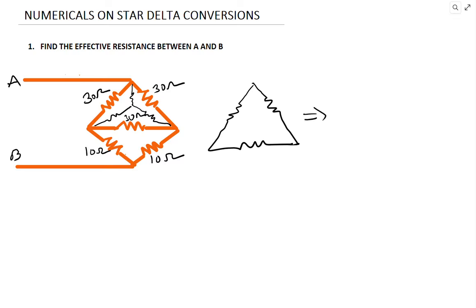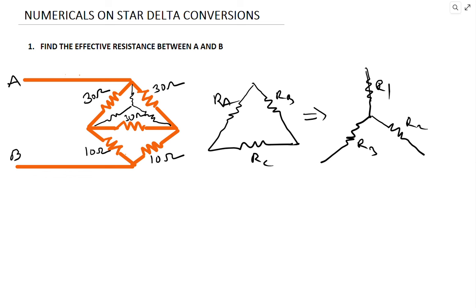This is converted into like this. So this is RA, this is RB, this is RC, this one R1, this is R2, this is R3. And we know the R1, R2, R3 formulas that we discussed in the earlier videos.